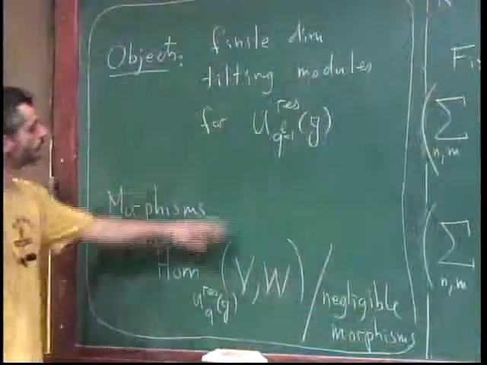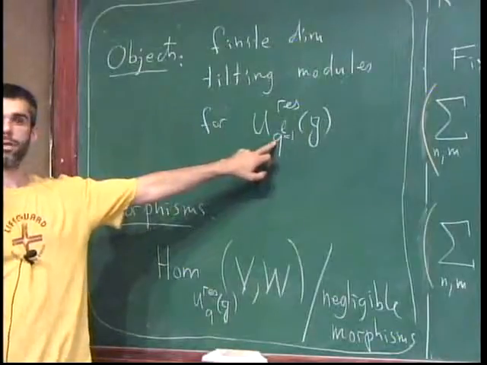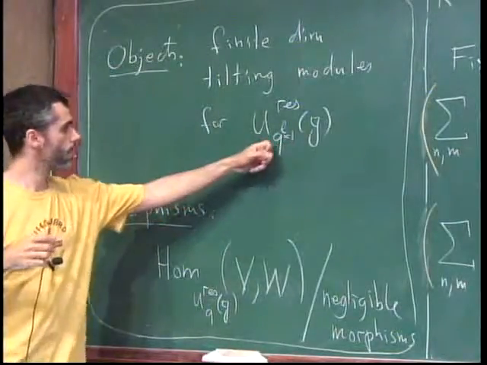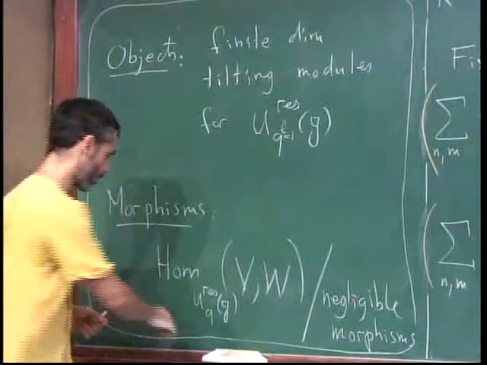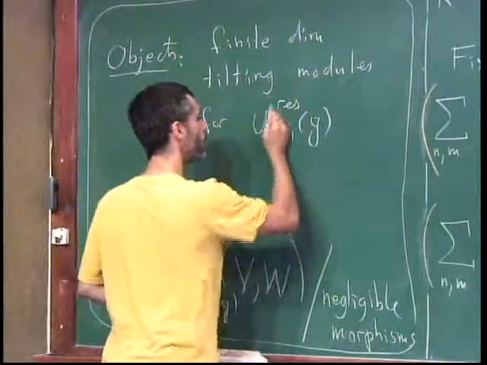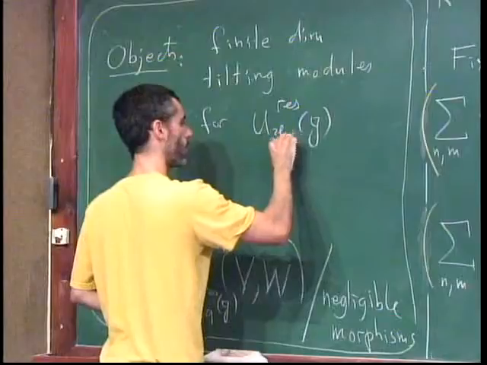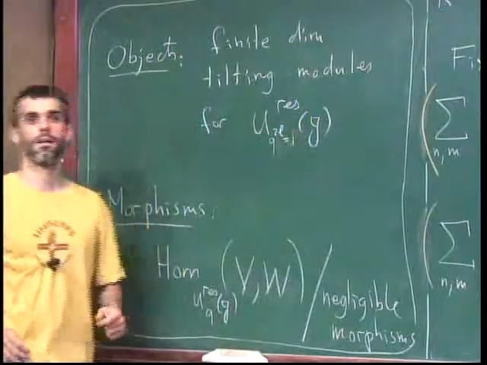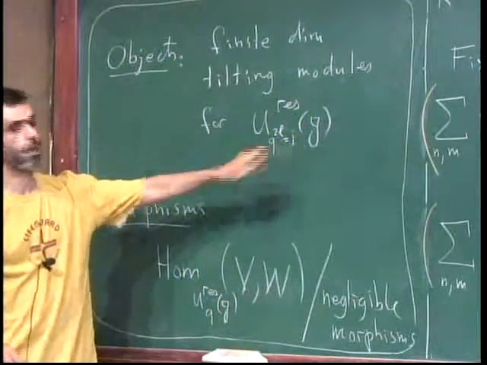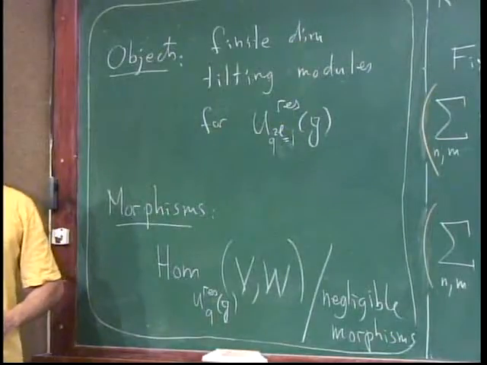Let me be precise. q to the l is 1. Actually, maybe I should have written it as q to the 2l is 1, because I only care about situations where q is a root of unity of even order.